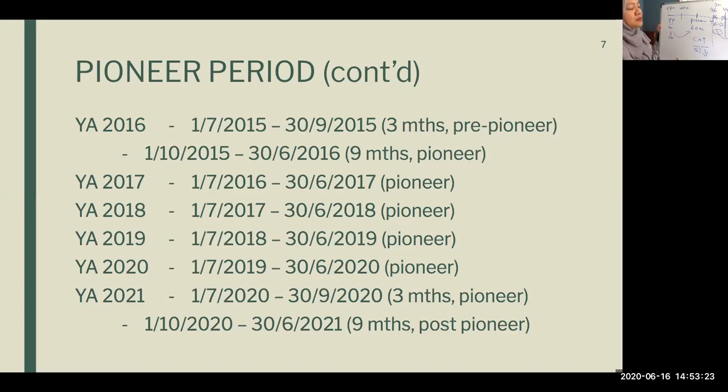So if possible, then you know that whatever I incur during this period will be claimed in the post pioneer, it's good. So if you have to incur during this period, it will maximize your statutory income.